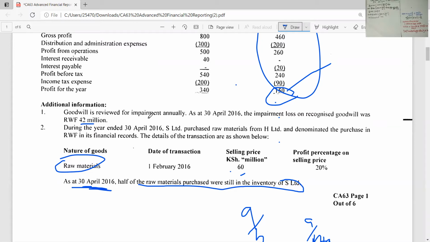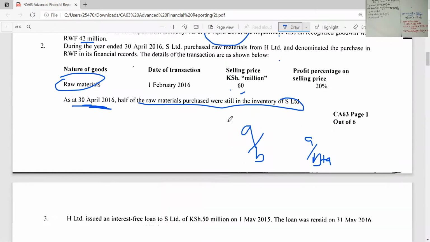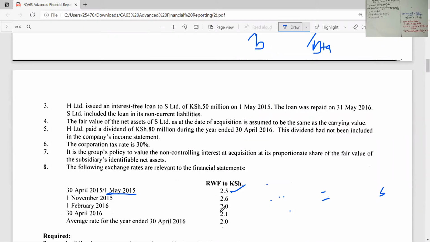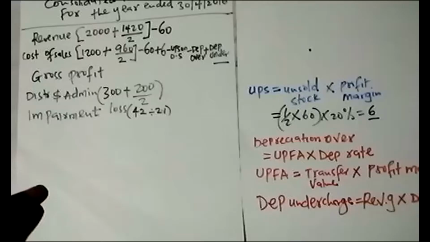As at 30th April 2016, the impairment loss on recognized goodwill was 42 francs. So the rate which I will use is as at this date, which means this is the spot rate. That relevant impairment took place as at 30th April 2016, and the rate is 2.1. So I will take my 42 divided by 2.1, and that is how I will get my impairment.